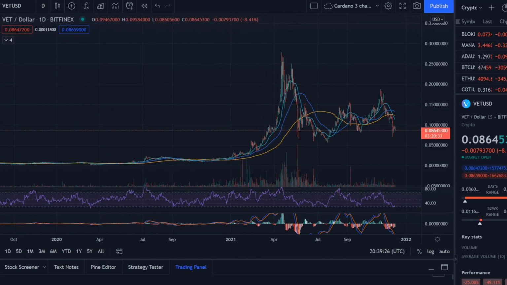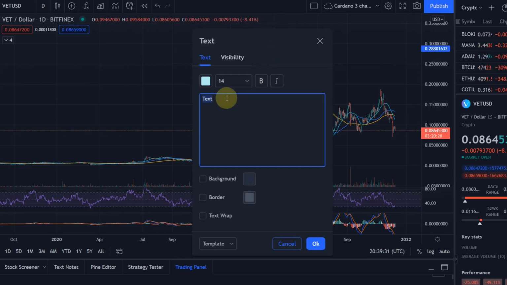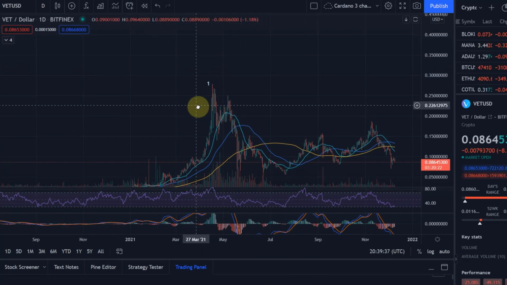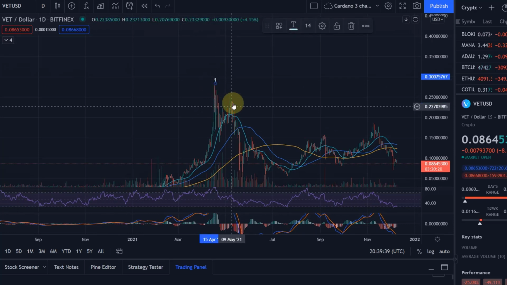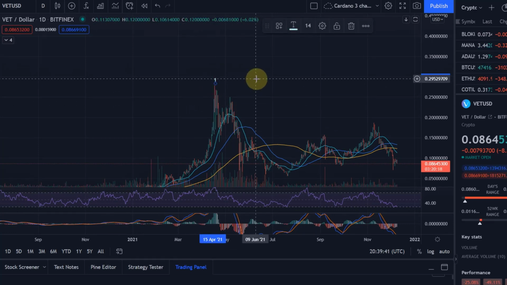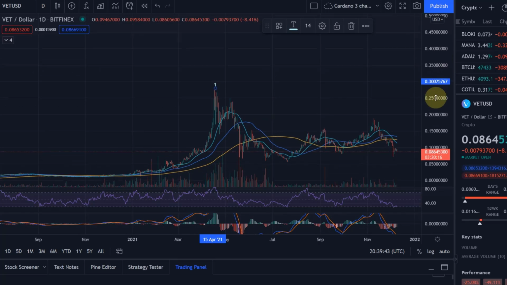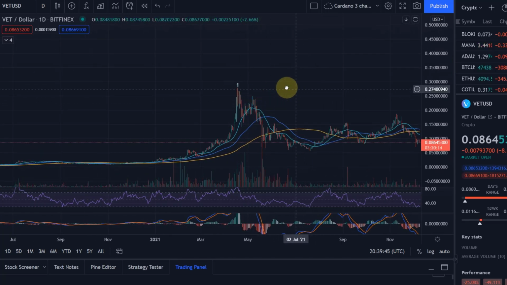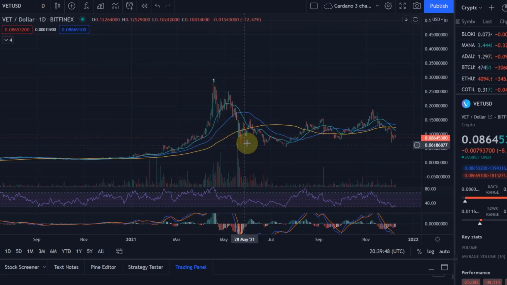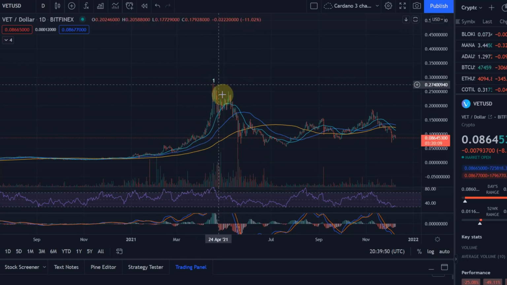So I already will put up here a 1, just to give you an idea. Let's give that a 1, just to keep it simple. Now we are coming down very clearly in an impulse to the downside, which means we've changed the trend from an uptrend to a downtrend.